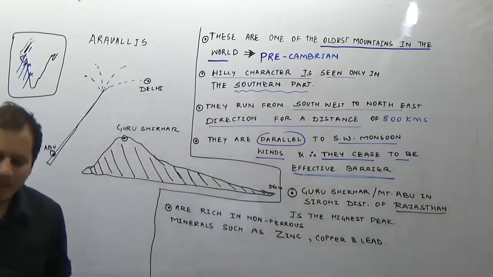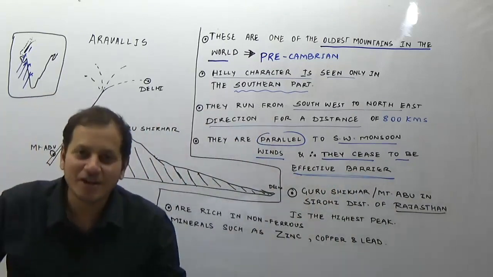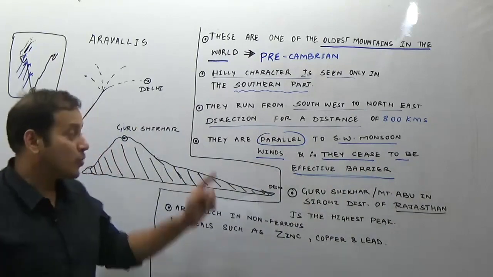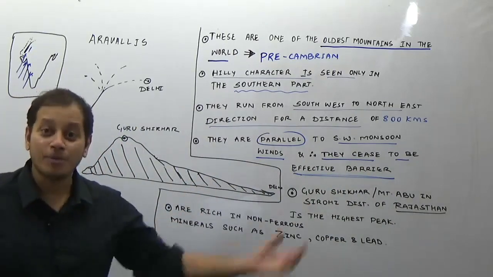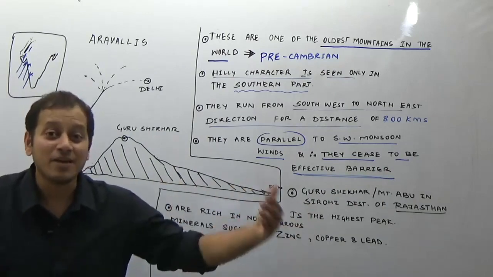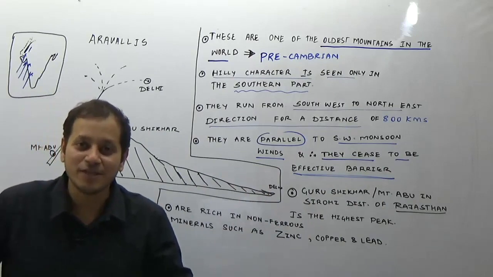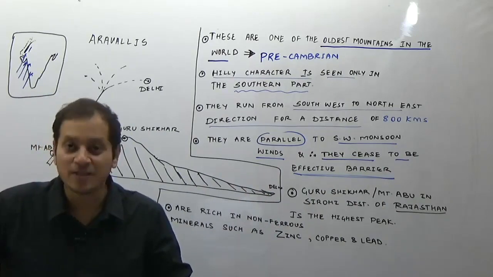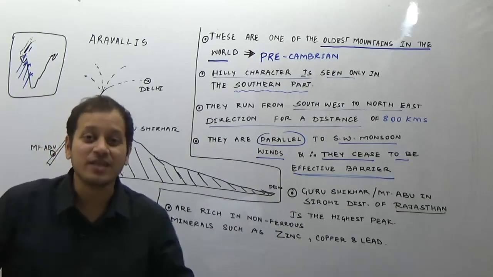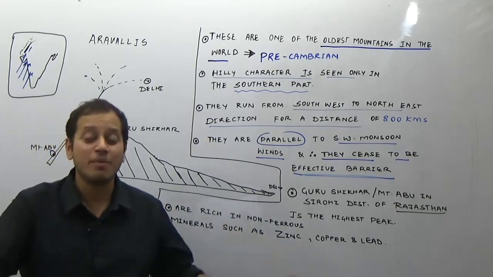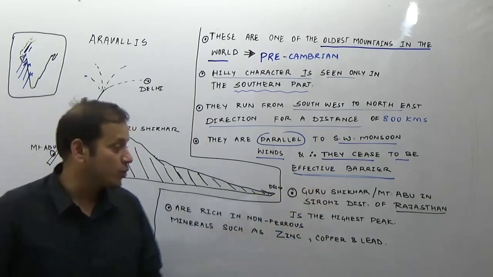And you know from climatology, if a mountain is not an effective barrier to the winds, it does not give rainfall. So is this a reason for the formation of a semi-arid region, for the Thar desert lying in the western part of India? Yes. Why is there very little rainfall in Rajasthan? Because the Aravallis do not act as an effective barrier to the southwest monsoon winds.